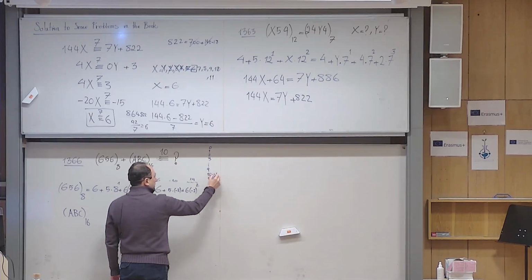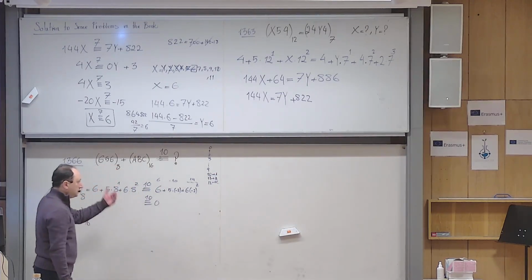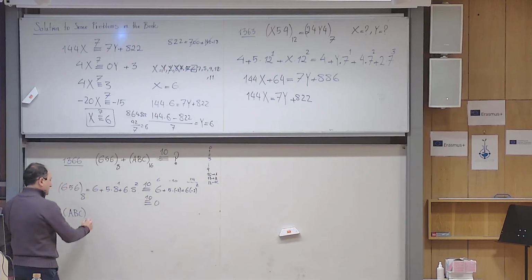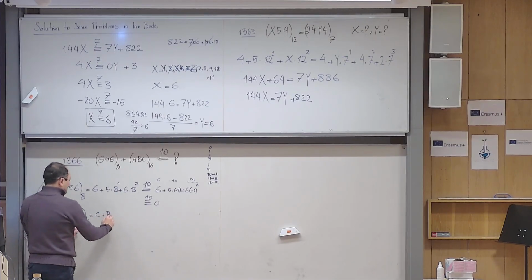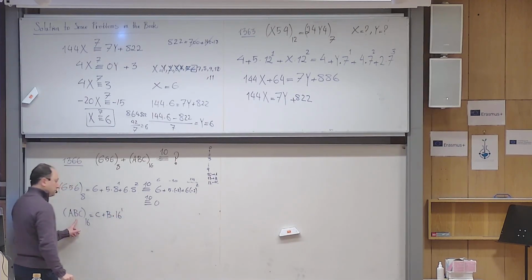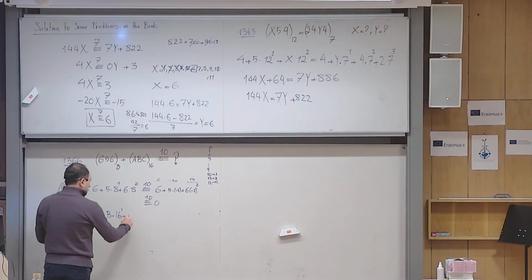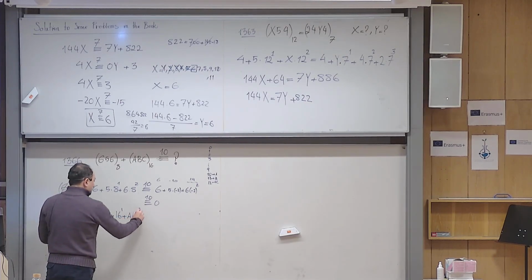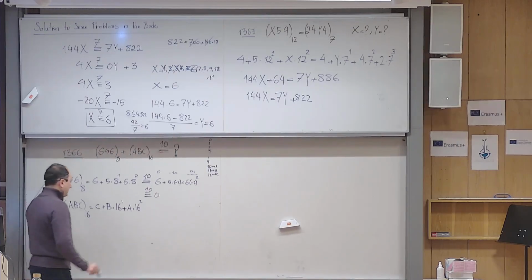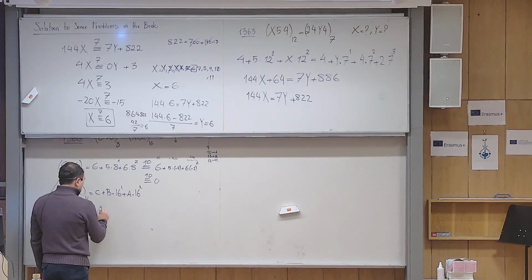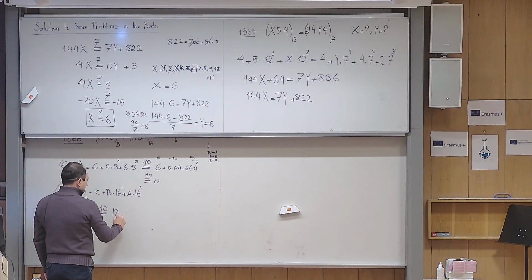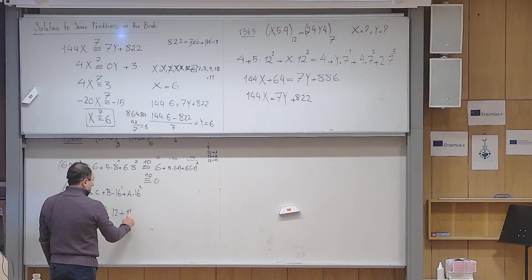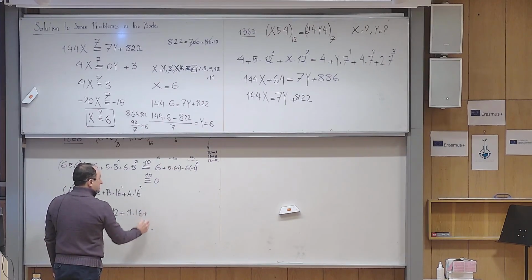This is called A, this is called B, this is called C, and if you have more, you continue, D, E, etc. So I expand this: I take the first number plus the second number multiplied by the first power of my base plus the third number multiplied by the second power of my base. And I want to simplify it modulo 10, but before doing that, let me write what C is: C is 12, B is 11 and A is 10.